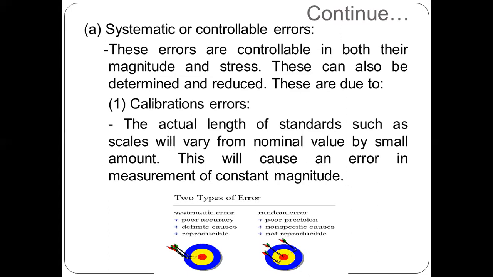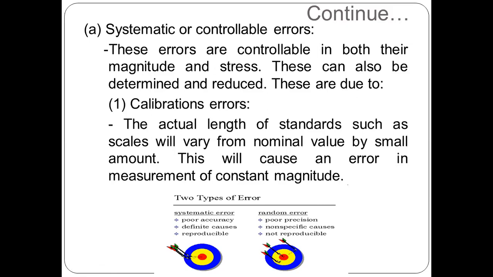Now, systematic errors and random errors. In your examination, these two types of error are very important. Systematic errors are also called controllable errors, because we can control systematic errors up to some limits, but random errors cannot be controlled.